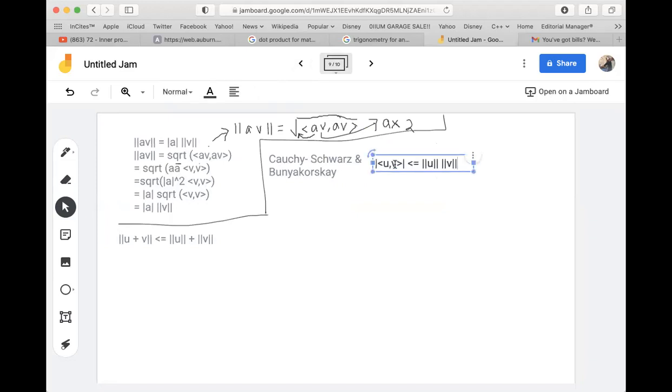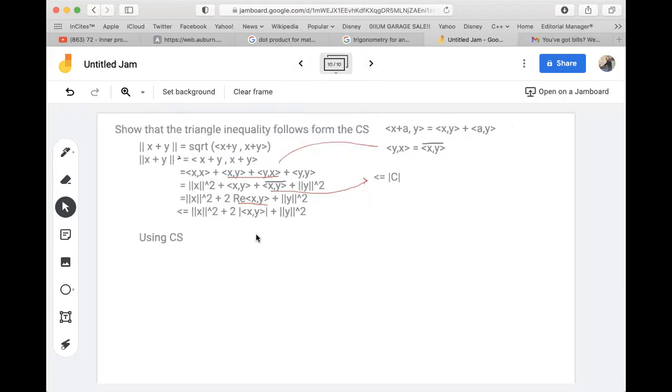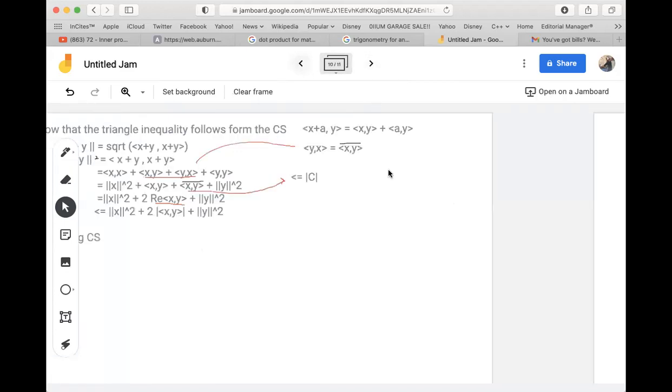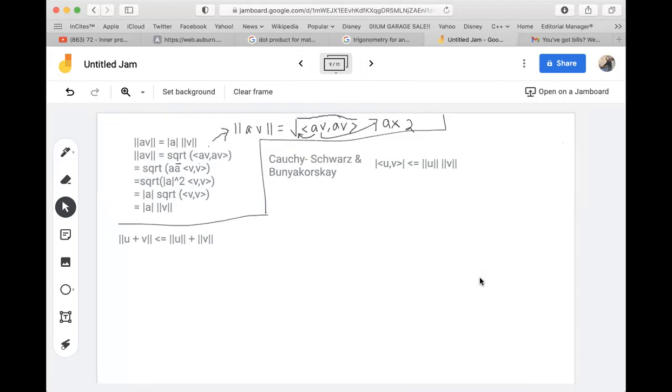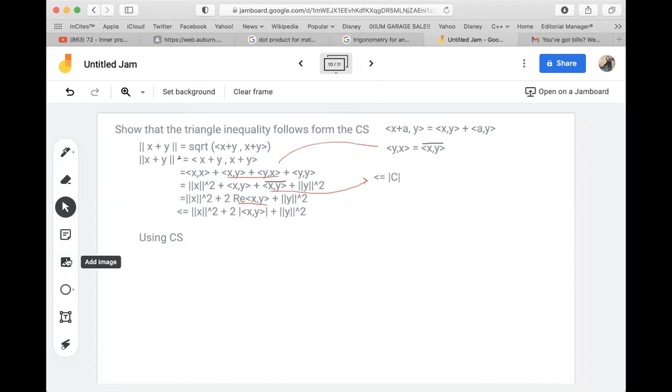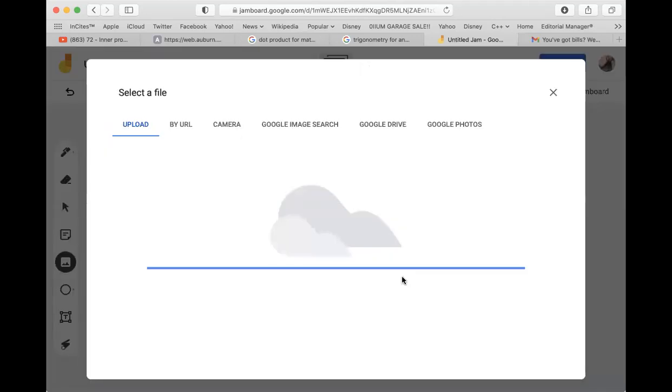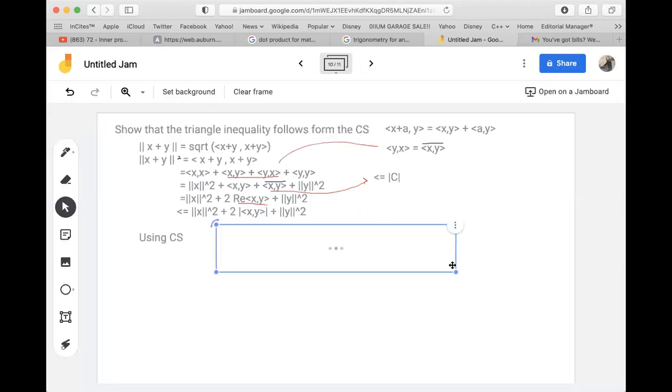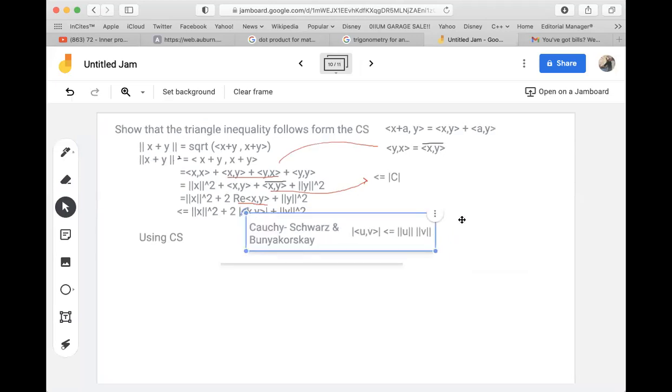So this is what Cauchy-Schwarz says. So now add this to here. Okay. So now Cauchy-Schwarz says this.